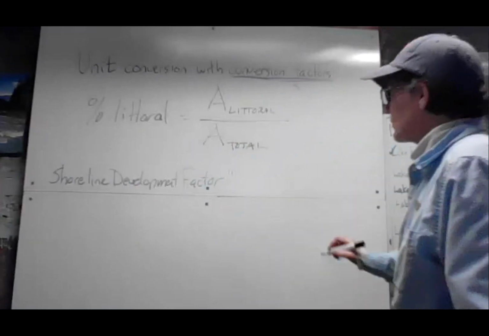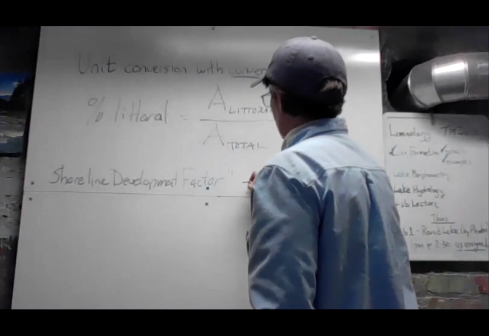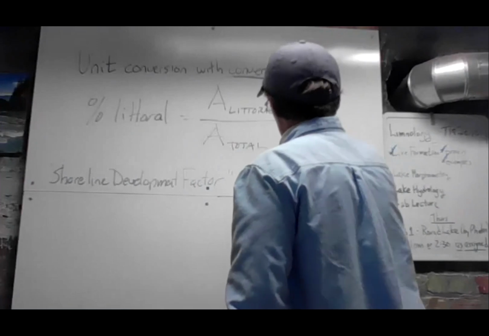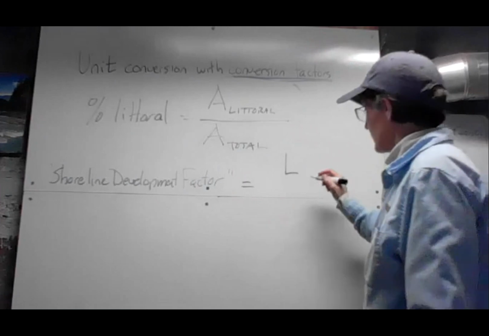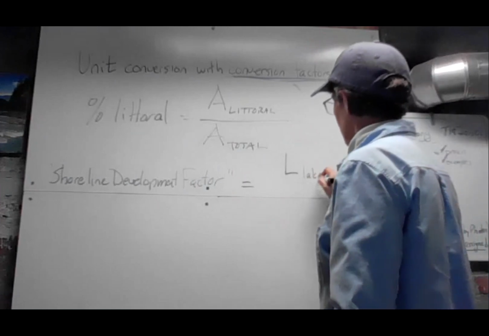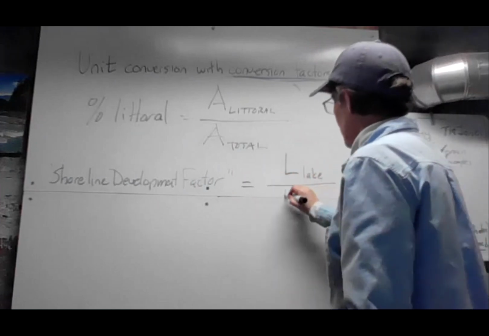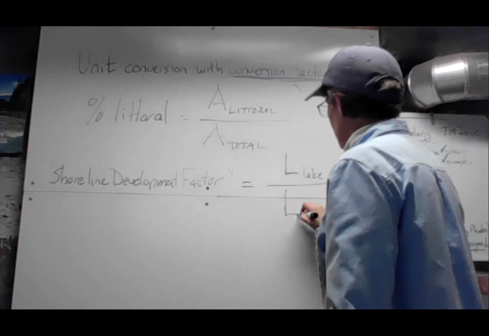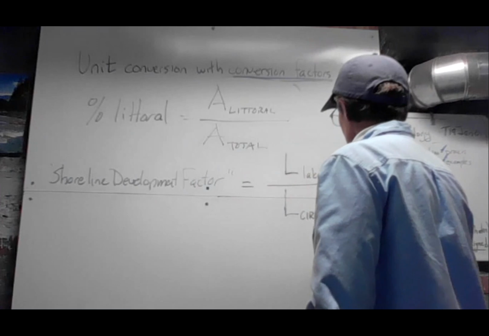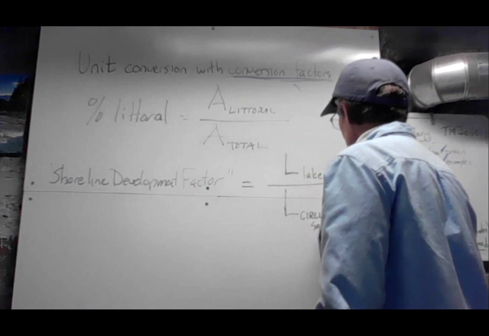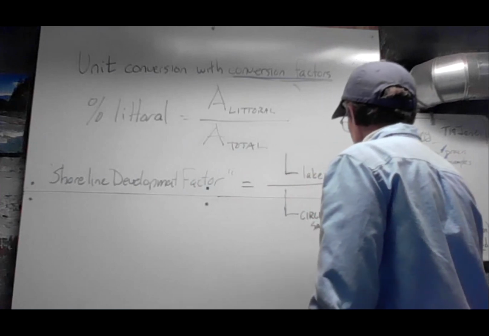Right, and that is going to be equal to the length of the shoreline of the actual lake divided by the length of the shoreline of a circle of the same area.